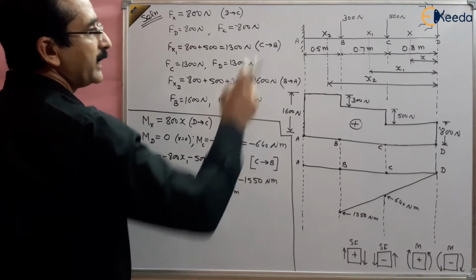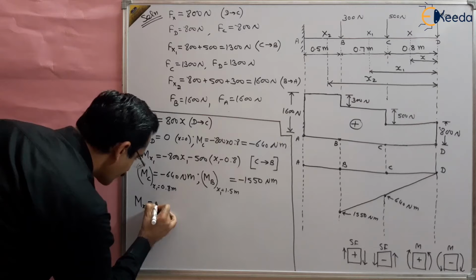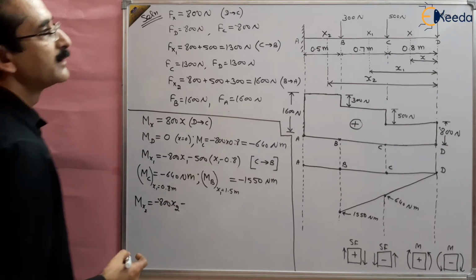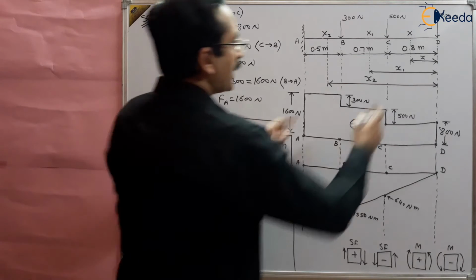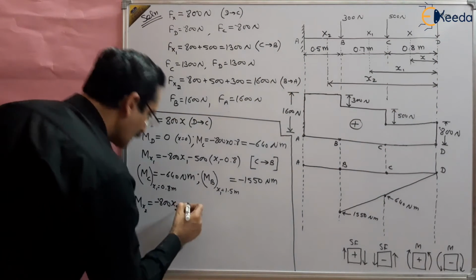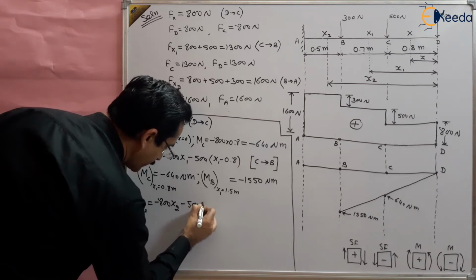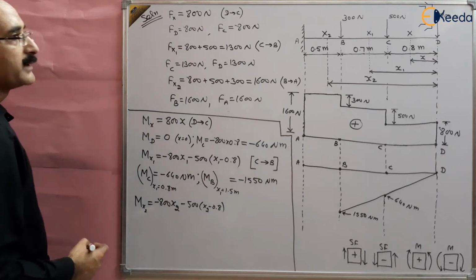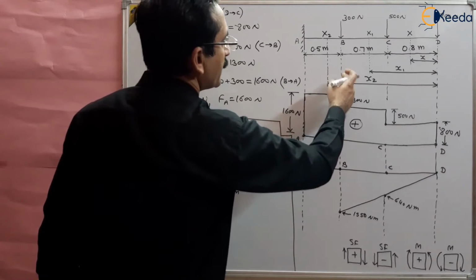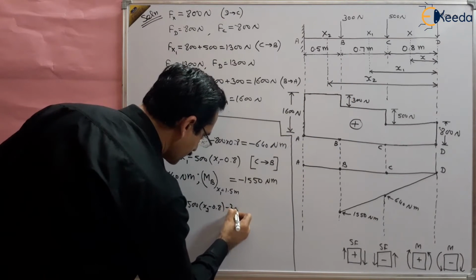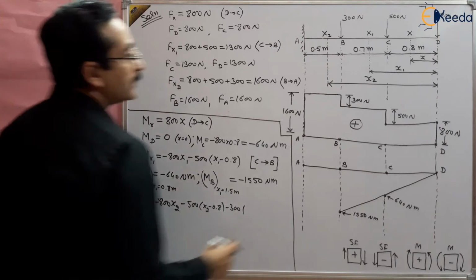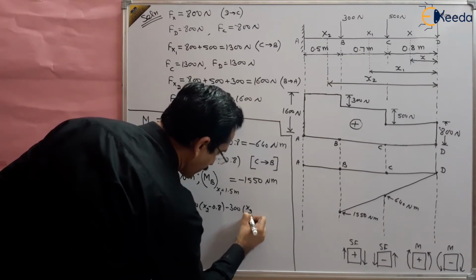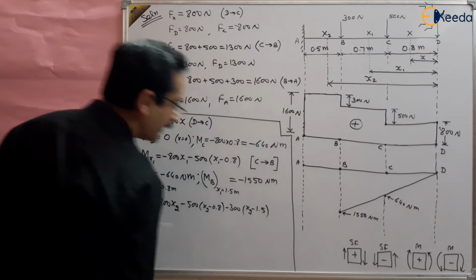What is mx2? 800 multiplied by x2, minus 500 multiplied by (x2 minus 0.8), minus 300 multiplied by (x2 minus 1.5), right?